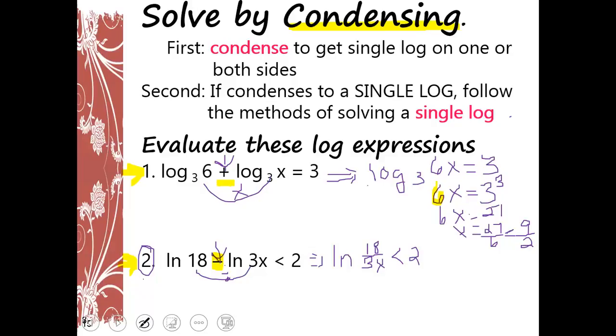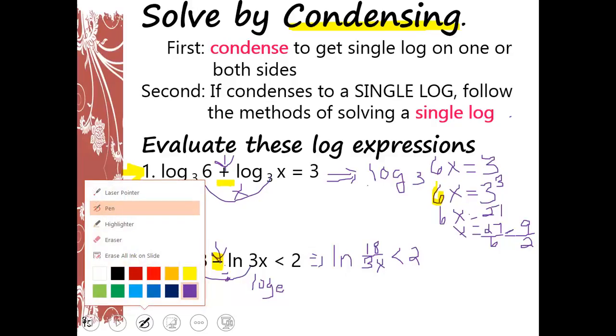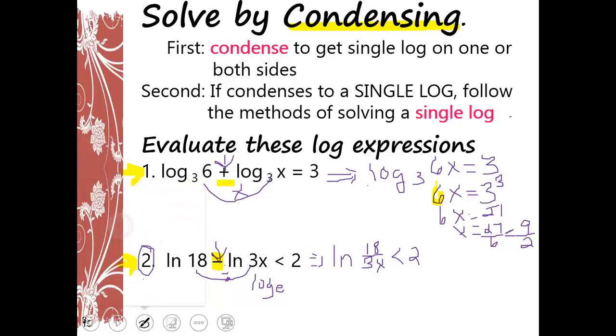Remember that ln is the equivalent of log base e. So when I rewrite this expression as an exponential, I am in base e. Base e. All right? Okay.